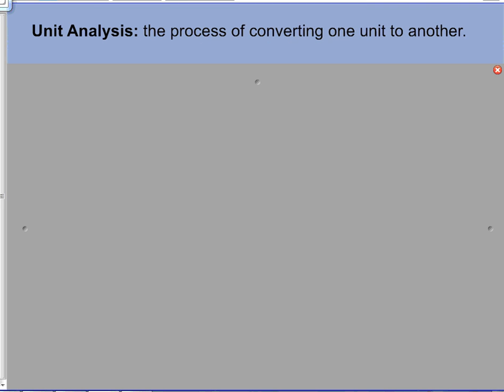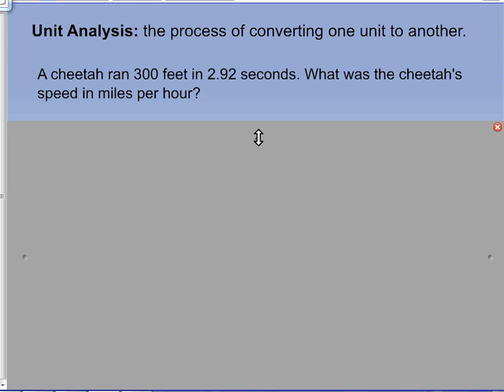All right. So there's something else called a unit analysis. So within the unit ratio, we were having the unit rates, we were having the units work together. All right, now this one, we need to convert from one unit to another. So for example, we have a cheetah ran 30 feet in 2.9 seconds.